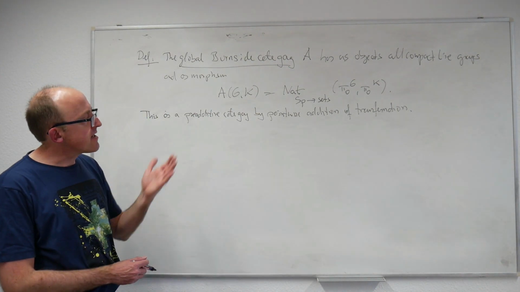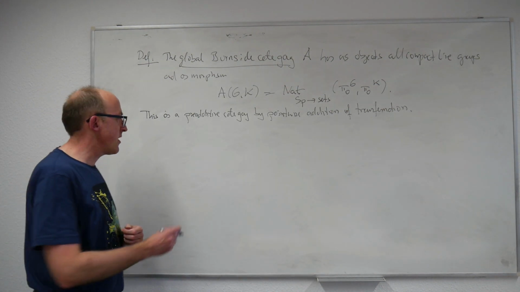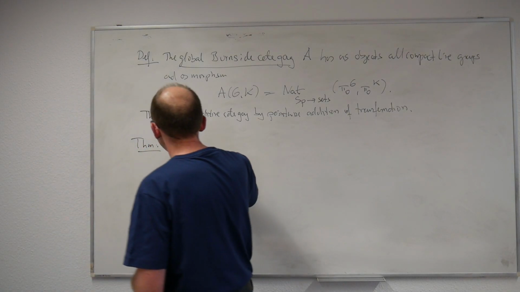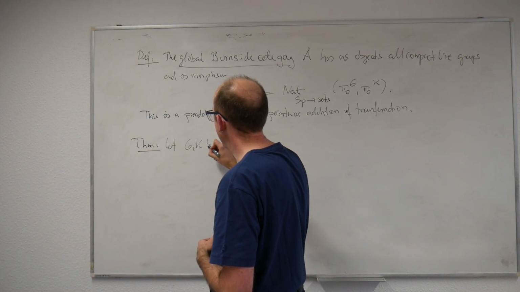And now the main result is that this is actually calculable, and here's the main theorem that we will eventually prove. Let G and K be compact Lie groups.